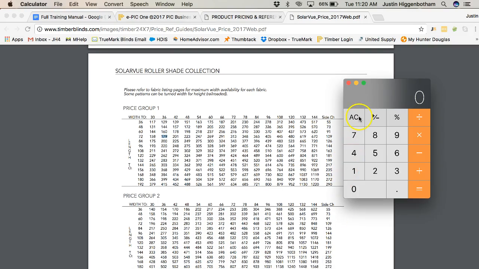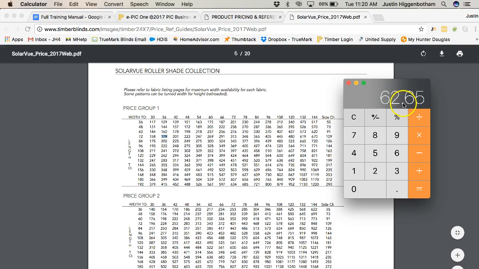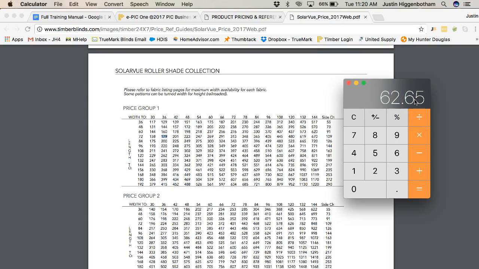So you take that suggested retail, 179, multiply it by our multiplier, which is 0.35, equals 62.65. That is our cost for the material of that product.